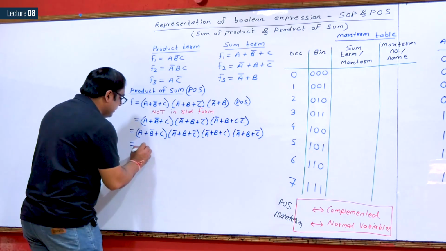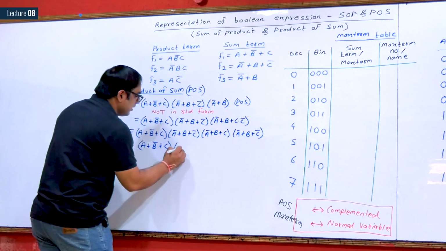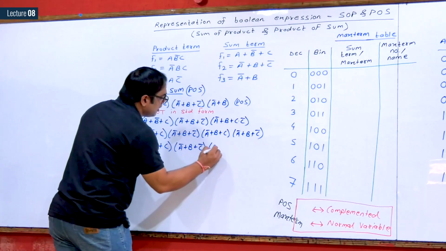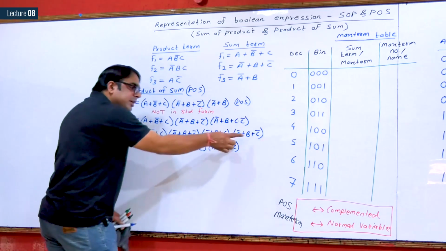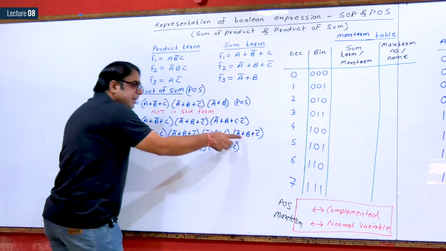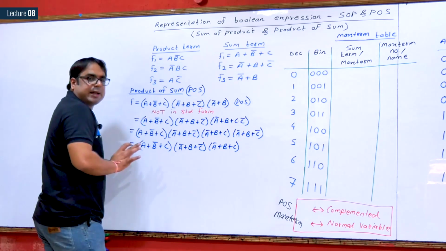I can simply write A plus B complement plus C, A complement plus B plus C complement, A complement plus B plus C. No need to write it a second time because it is a repeated term. You have to write it only one time.